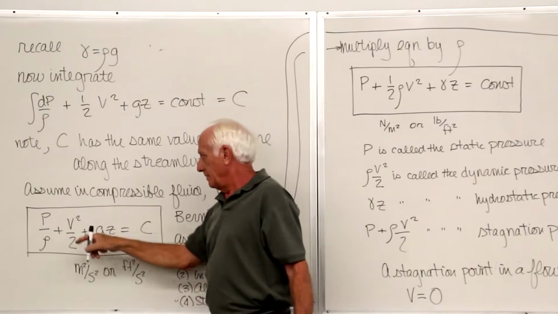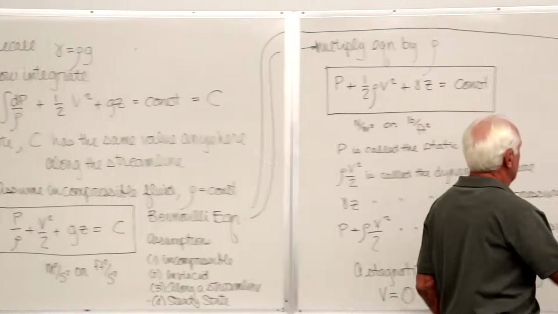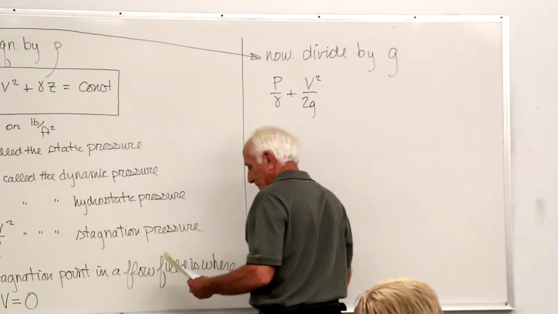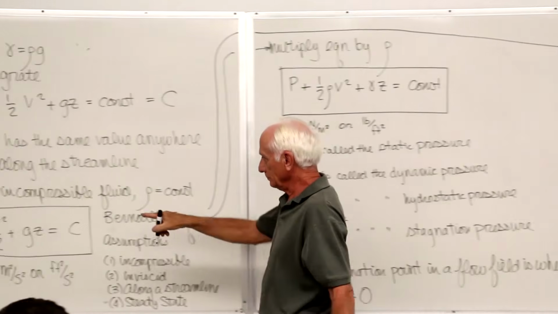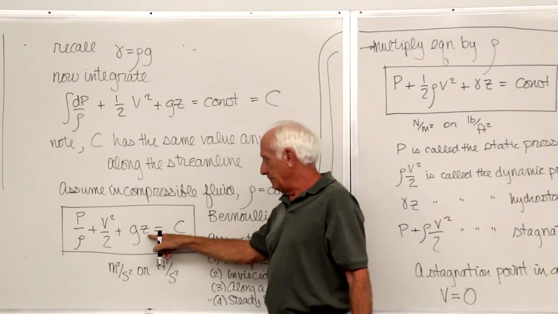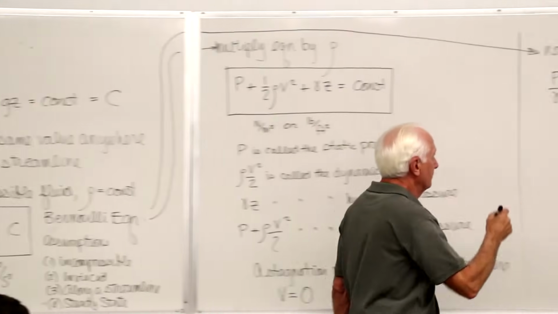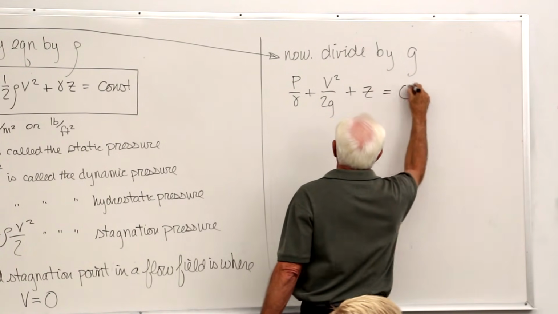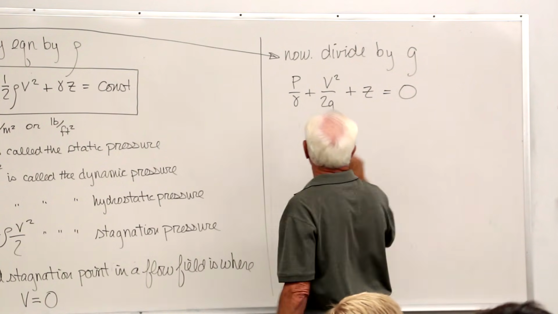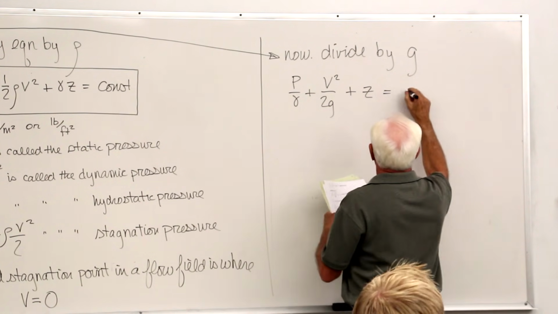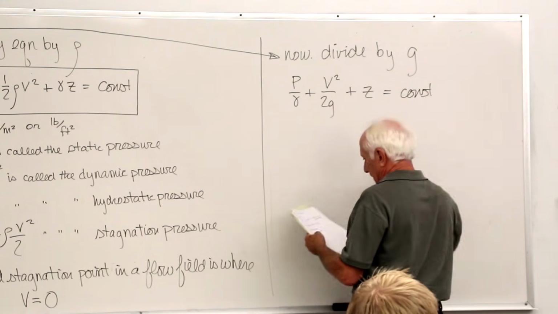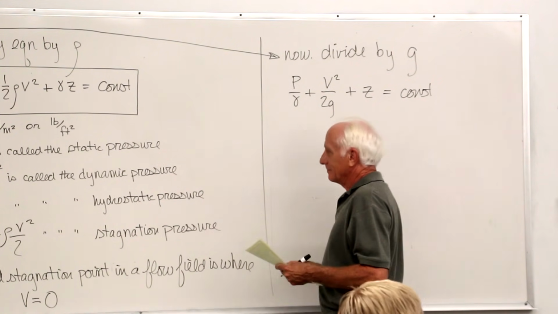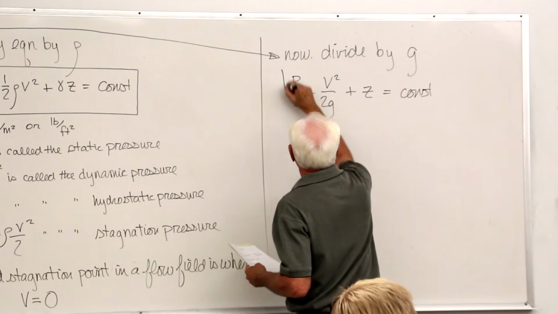Divide by g, V squared divided by 2g. Divide by g, finally Z. Box it in.